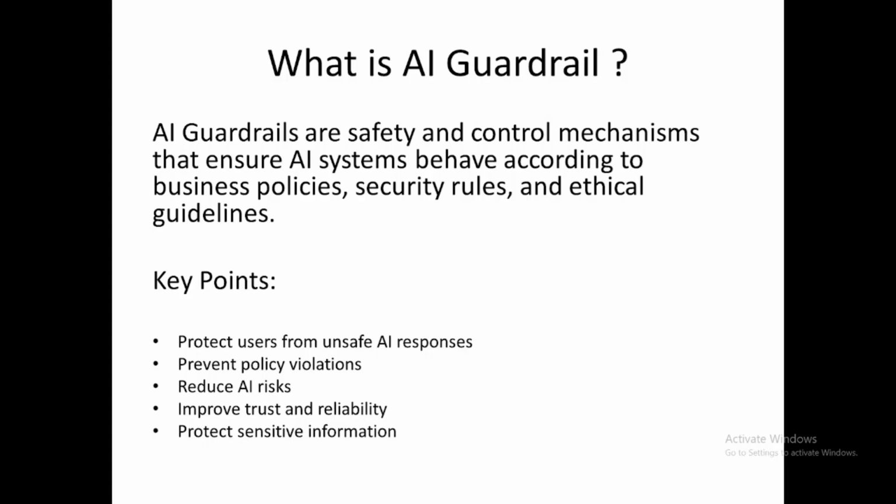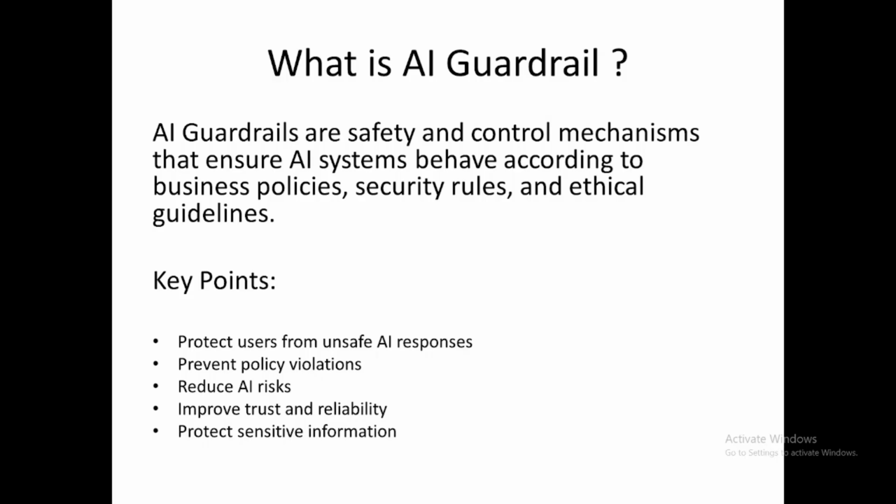So, what exactly are AI guardrails? Simple. AI guardrails are safety and control mechanisms that ensure AI systems behave according to business policies, security rules, and ethical guidelines. Think about driving a car.